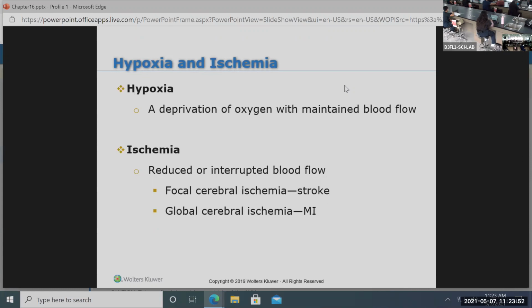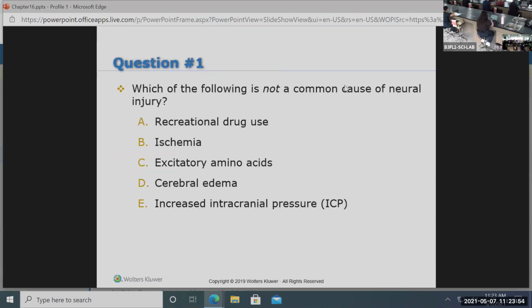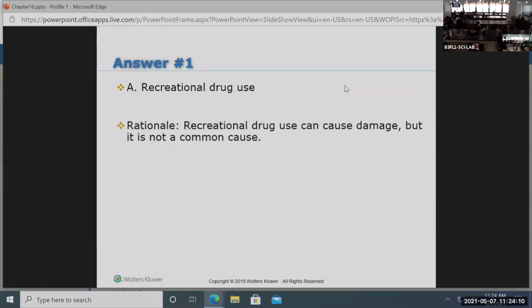Focal cerebral ischemia. Okay. Which of the following is not a common cause of neural injuries? Which one? Not a cause of neural injury. Recreational drug use. Wow.